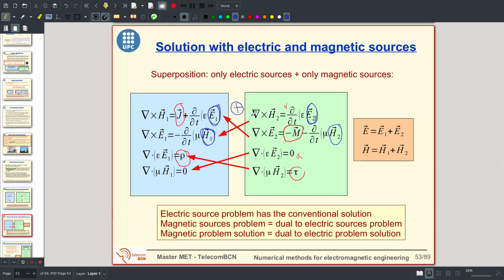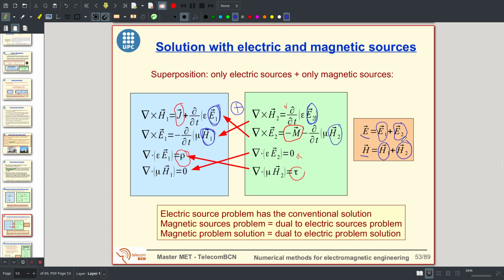So by superposition, if the original equations are the sum of electric equations plus magnetic equations, then the overall electric and magnetic fields are the sum of electric and magnetic field 1 due to electric sources plus electric and magnetic fields 2 due to magnetic sources. So we have to solve separately the electric and the magnetic problem with electric sources and with magnetic sources, respectively.